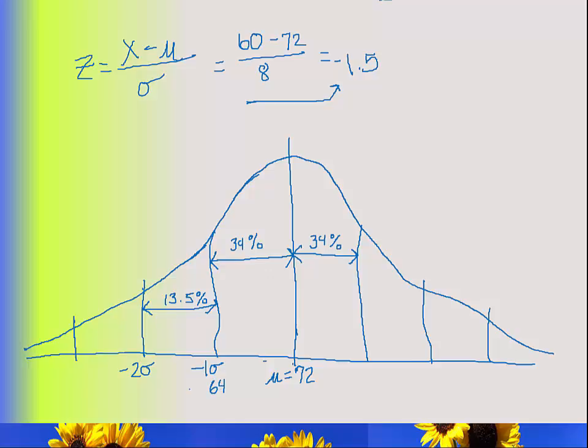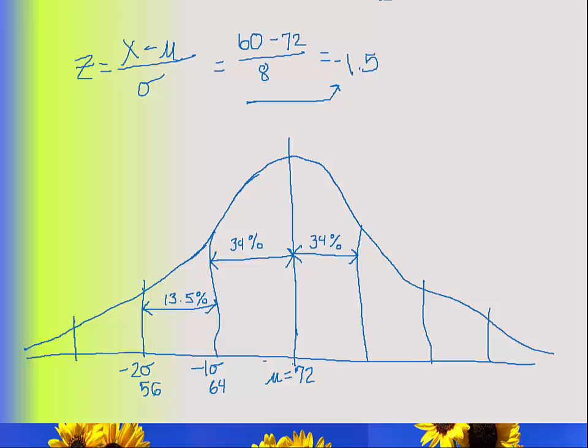And if we drop back one more standard deviation, we subtract 8 again, we get 56. Each of these has the percentages represented here, 34%. So 34% of the population are going to score between a 64 and a 72.